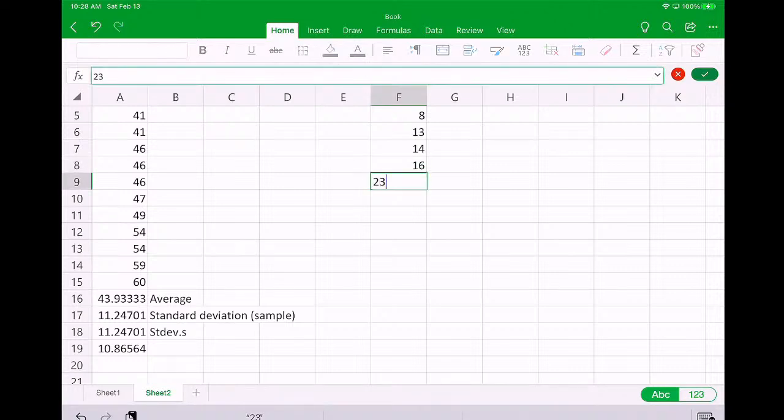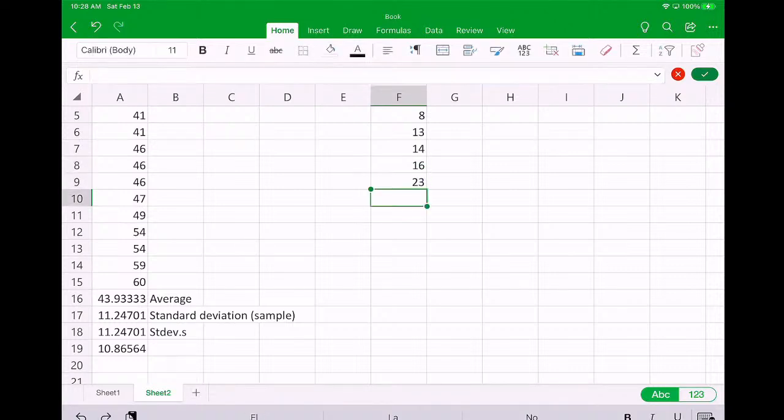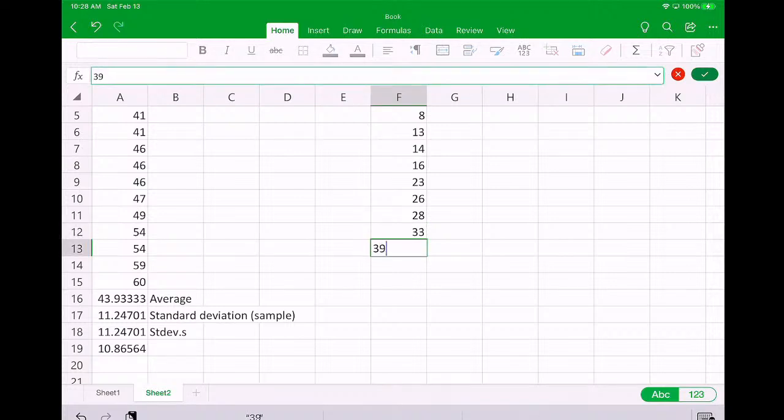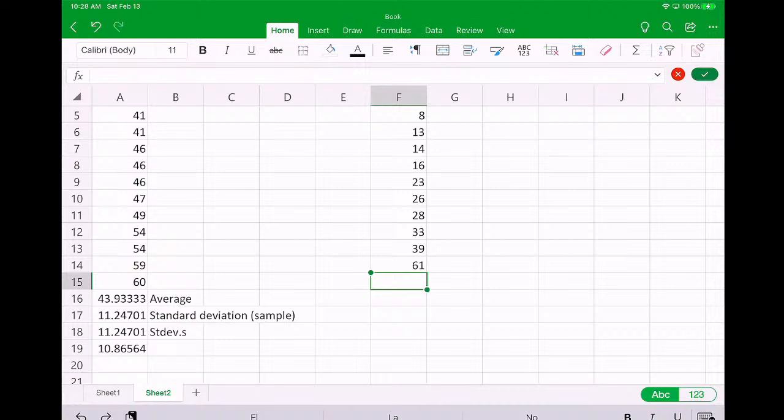Let's see how Excel does it. So what I'll do with Excel is I'll get the 5-number summary, like the Q1, Q2, and Q3. There's different functions in here. It's just that it's not predictable what I'm going to get because it depends on the formulas they're using.